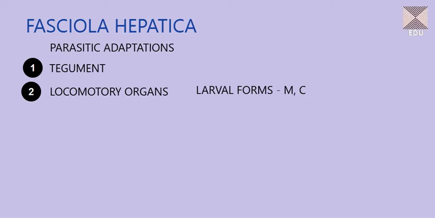Now, the third kind of adaptation in Fasciola is the presence of the oral sucker. This is the sucker present around the mouth.